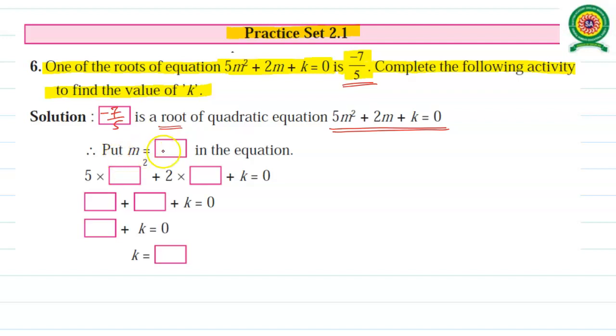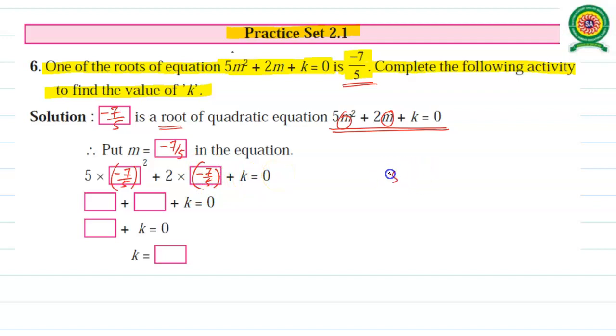So once we put m equals minus 7 by 5, after replacing each and every m in the quadratic equation by its value minus 7 by 5, we get 5 into minus 7 by 5 the whole square plus 2 into minus 7 by 5 plus k equals 0.